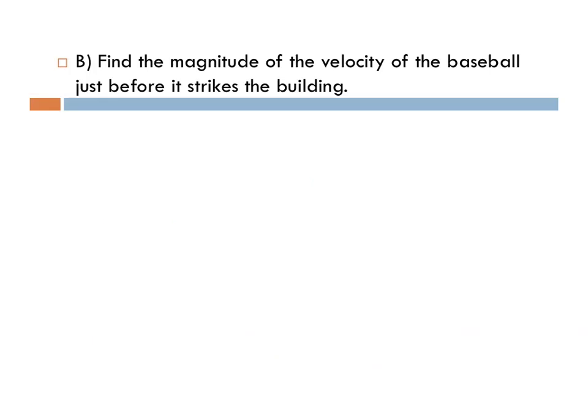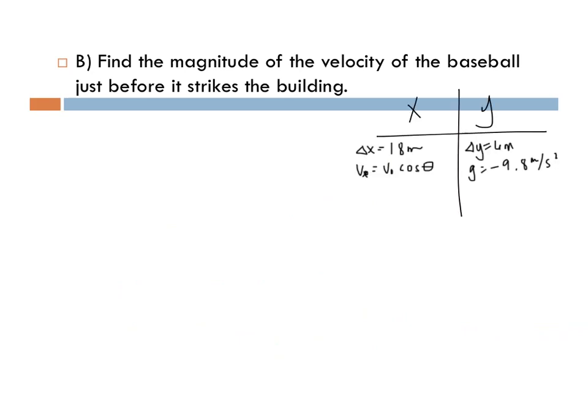This next part asks us to solve for the velocity as it strikes the building. So remember that when it's asking for velocity, it's not just asking for the x or y, it's asking for the resultant of the two. So now that we know the initial velocity, we can calculate the velocity in the x and y direction at that time. So looking at my information again, I have time is equal to distance divided by velocity.